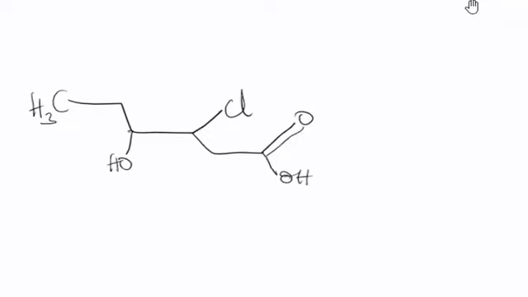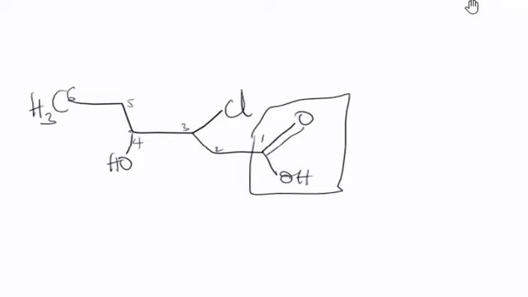Now remember, according to my rule, I have to keep my carboxylic acid in preference. So I'll have here 1, 2, 3, 4, 5, and 6.